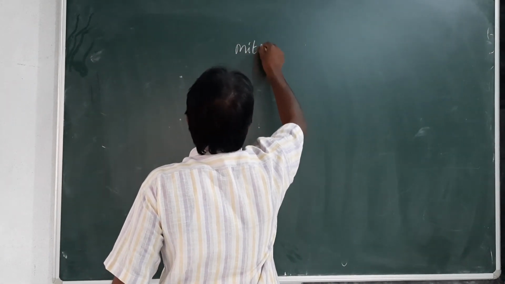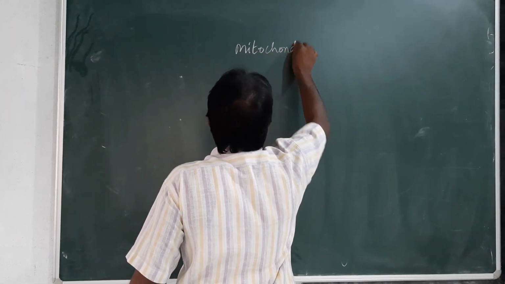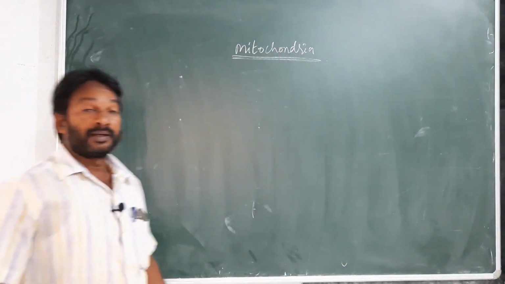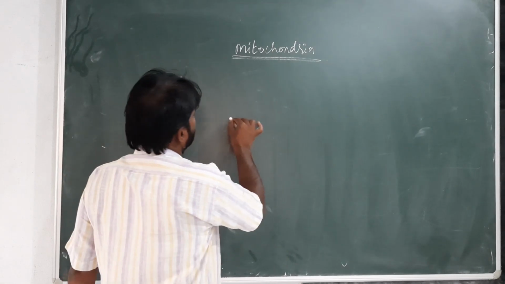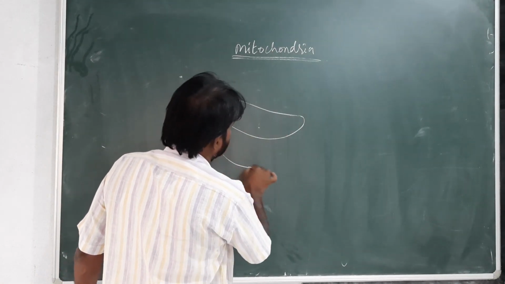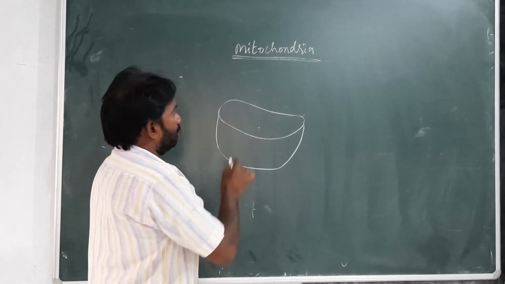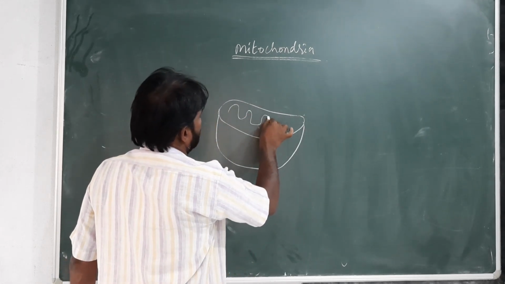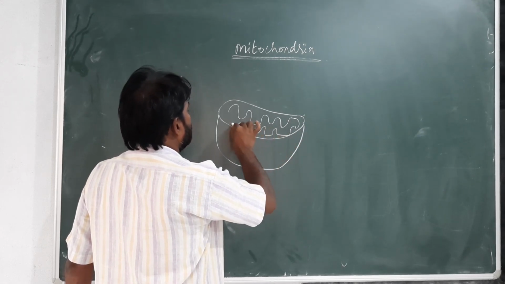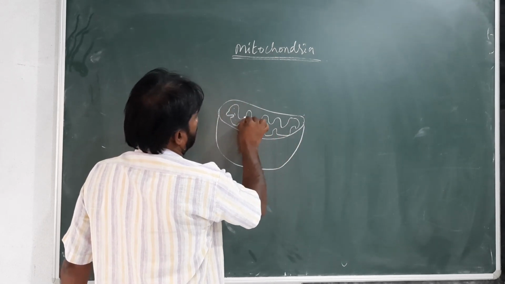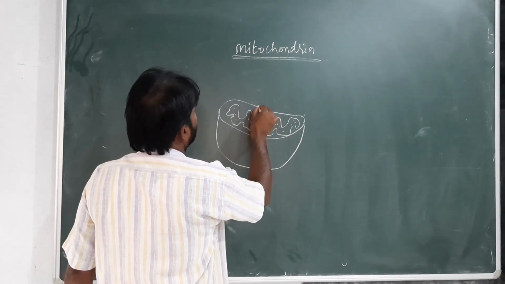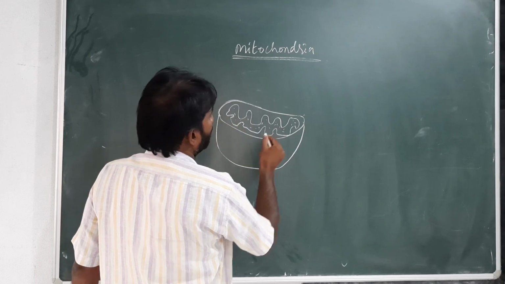Mitochondria is a very important cell organelle. Mitochondria is a double membrane structure.